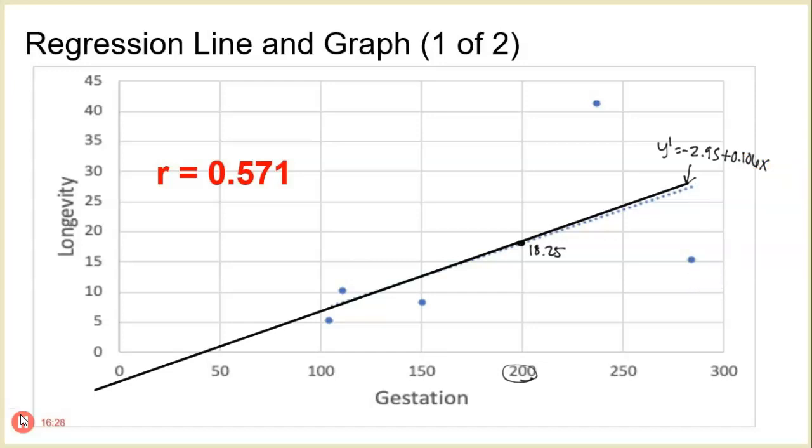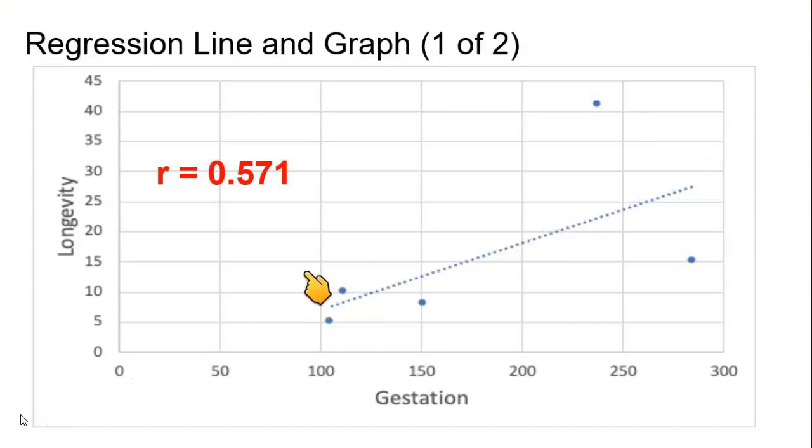If we had access to more information, we could have a better prediction. Our prediction is also not really that great because of this value. This point is throwing off our correlation, so it also throws off our prediction, because this equation is based on this value, and it has a much higher lifespan than the other points relative to it. So those are things we want to consider.